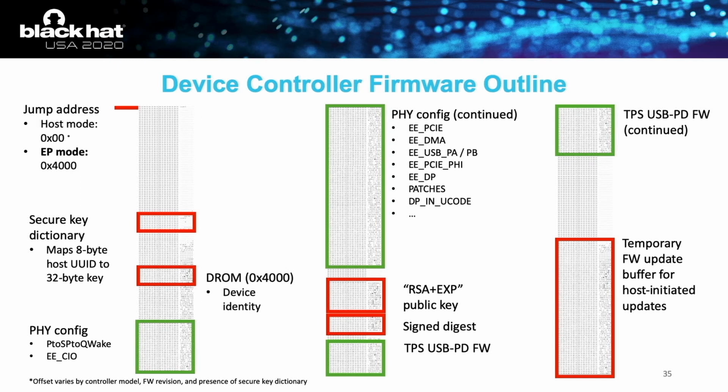So that's really interesting because that means that the Thunderbolt controller and the TPS share the same SPI flash. Now finally, there's some scratchpad section, and this section is used to temporarily store firmware updates that you apply from the host.